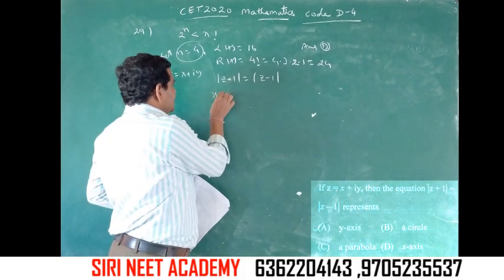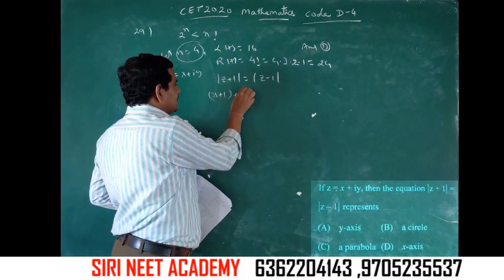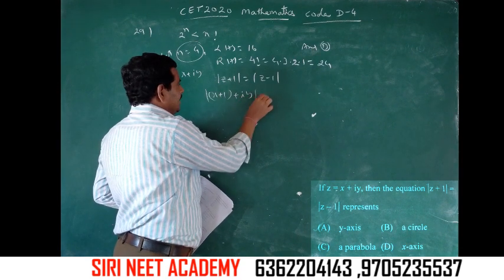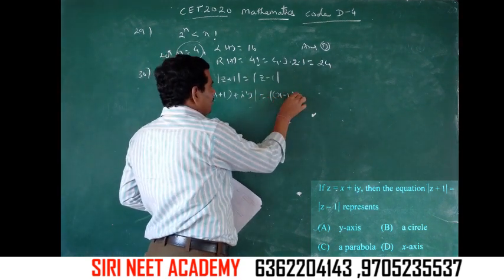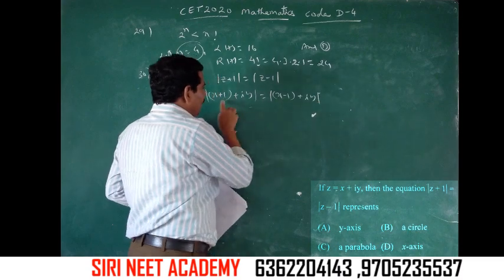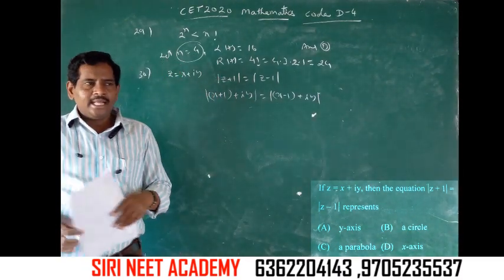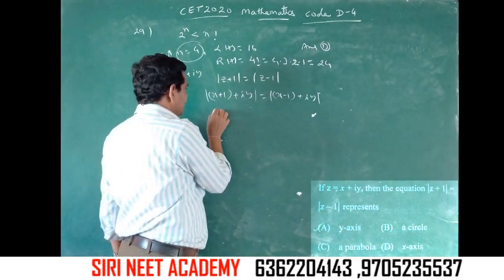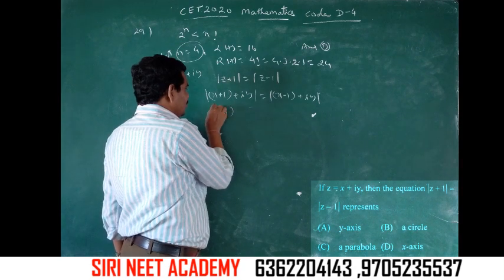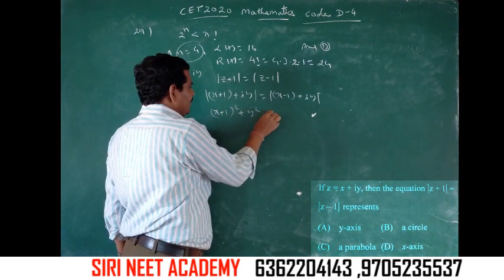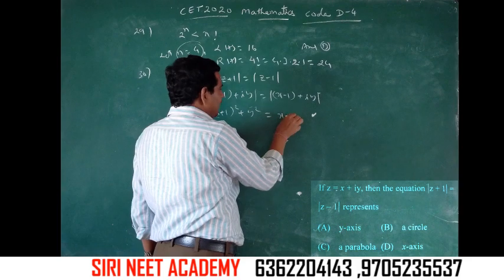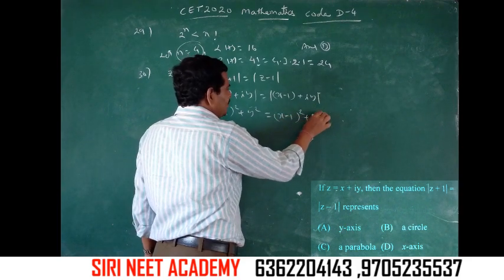So modulus of x plus 1 plus iy is equal to modulus of x minus 1 plus iy. Mod of a plus ib is root a square plus b square. So this is x plus 1 whole square plus y square, and this is x minus 1 whole square plus y square.